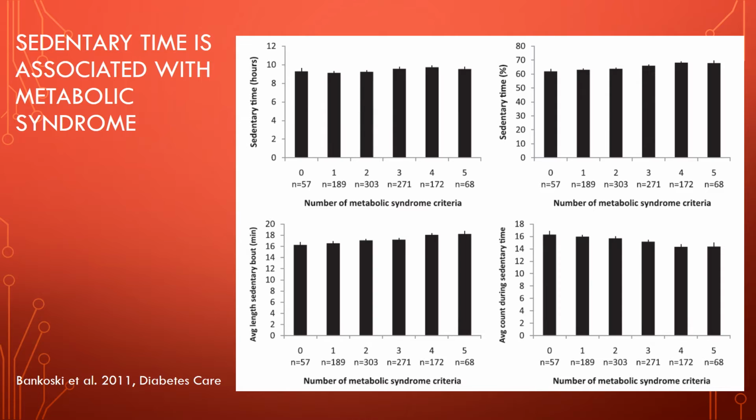And so you can see that this is looking at sedentary time in hours, so people who had 4 or 5 of the metabolic syndrome criteria did have slightly more sedentary hours compared to those with 0 or 1 or even 2. But the difference here isn't extreme.